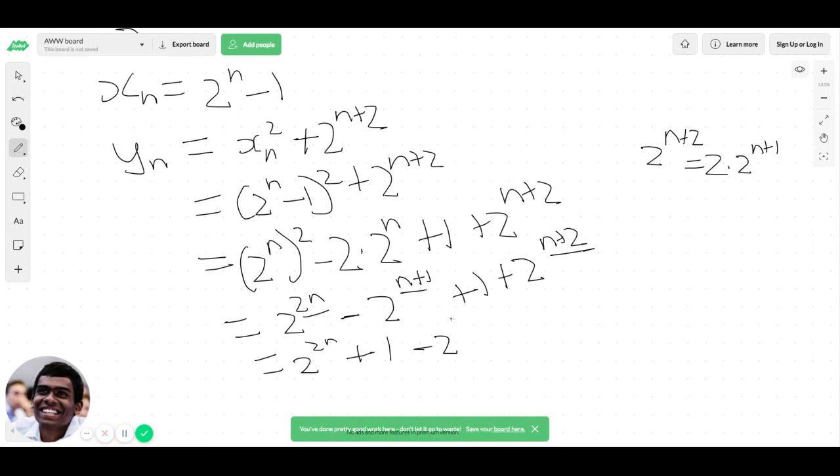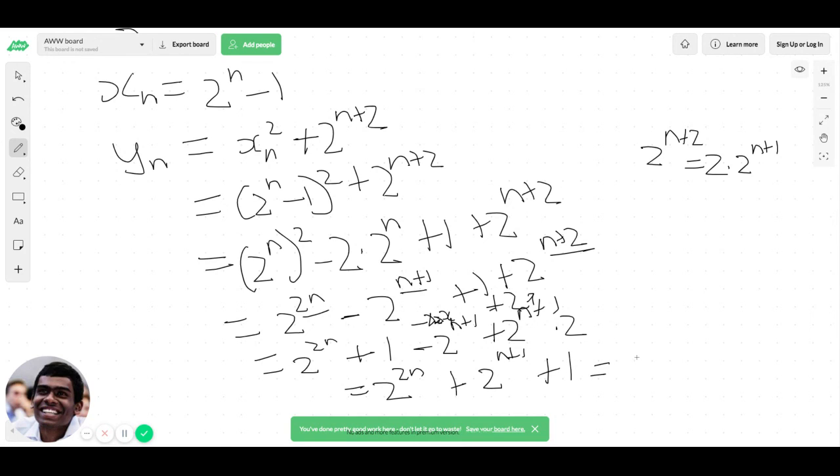Then minus 2 to the n plus 1 plus 2 to the n plus 1 times 2. This is like minus an x plus 2x. So we can simplify this as 2 to the 2n plus 2 to the n plus 1 plus 1.